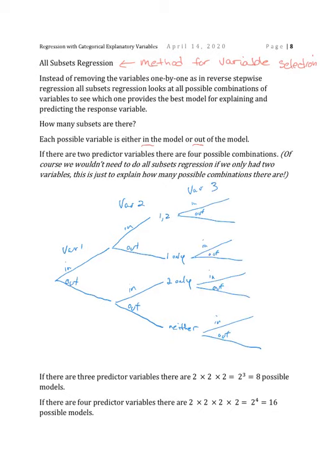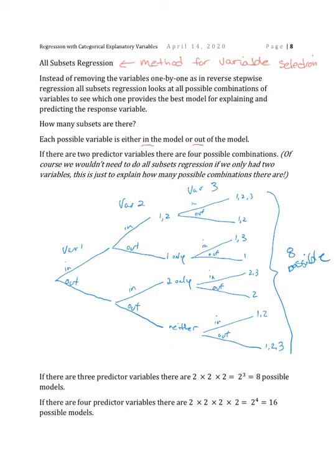Now our possible combinations are 1, 2, and 3; 1 and 2; 1 and 3; 1 only; 2 and 3; 2 only; and 3 only, and neither, which would give us 8 possible combinations, coming from 2 times 2 times 2, or 2 to the third, for 8 possible combinations.